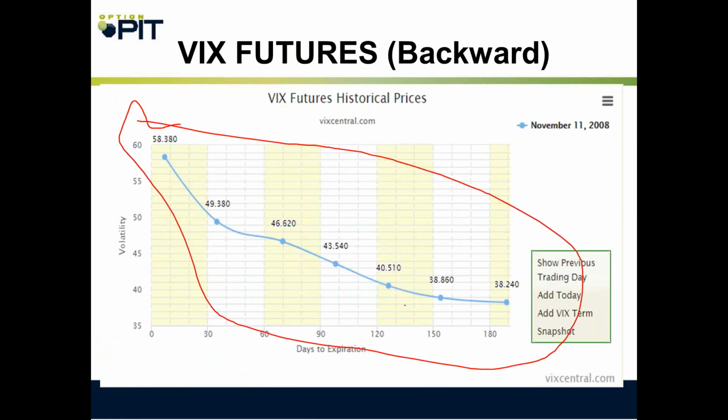You ever tried to apply logic to a 7-year-old having a temper tantrum? You can find it at VIXCentral.com. Anybody ever tried to apply logic to a 7-year-old with a temper tantrum?